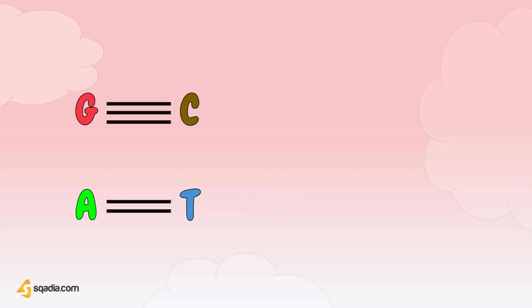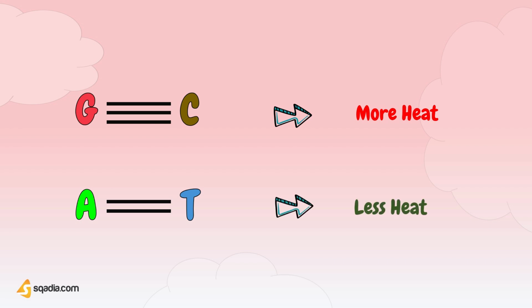So, as a result, more heat is required for the deoxyribonucleic acid having more guanine and cytosine bonds, and less heat for the deoxyribonucleic acid with more adenine and thymine bonds.